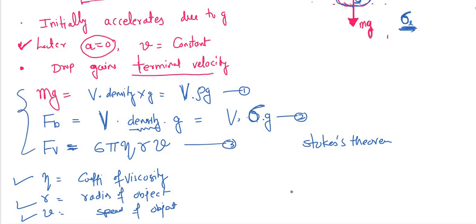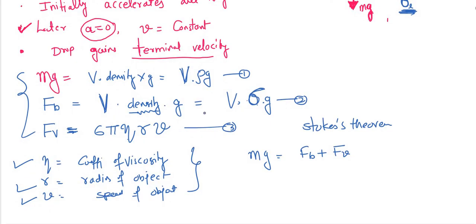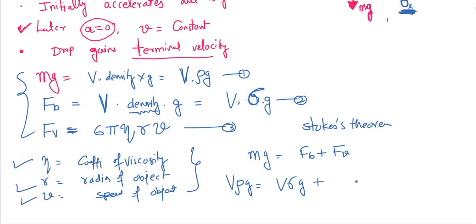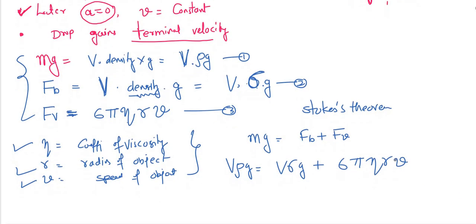Here in this case we are taking a rain drop. So let me write down the equilibrium equation: mg is equal to Fb plus Fv. So it will be V rho g is equal to V sigma g plus 6 pi eta r v.